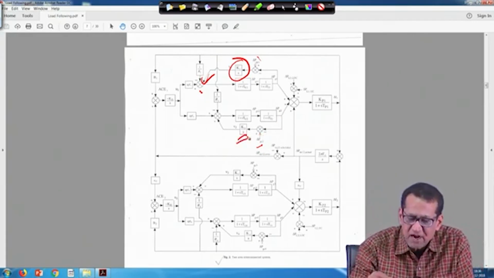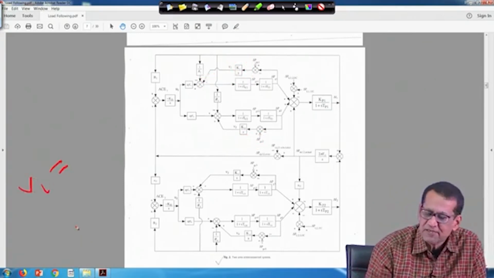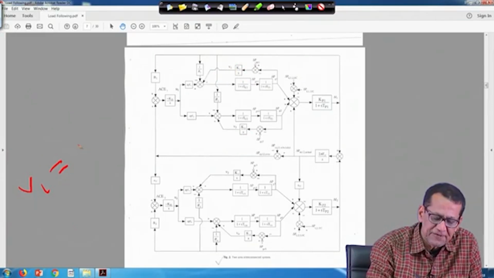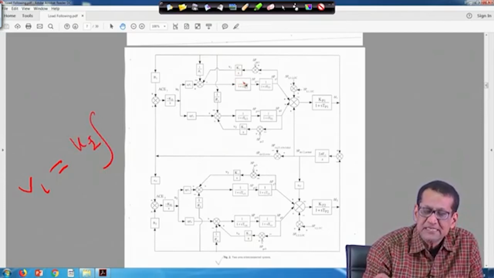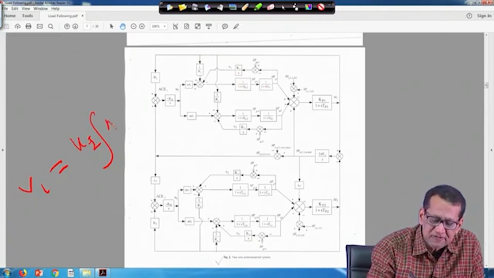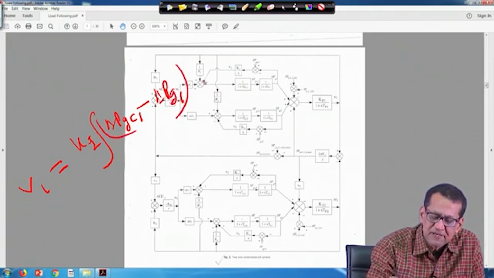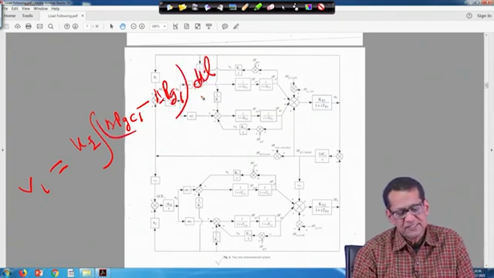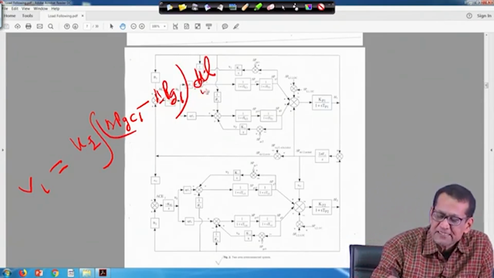That means the output is V1. So, V1 is equal to K1 times the integral, 1 upon S, of delta PGC1 minus delta PG1 dt, right. So, this is V1, coming here as an input.